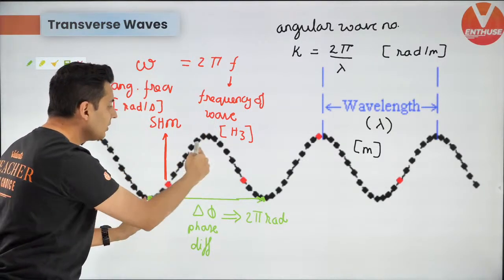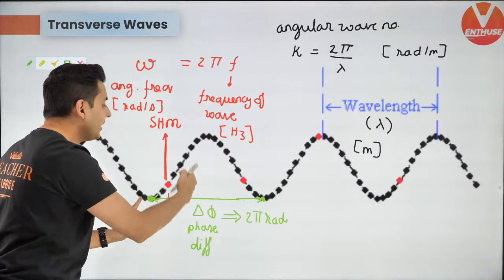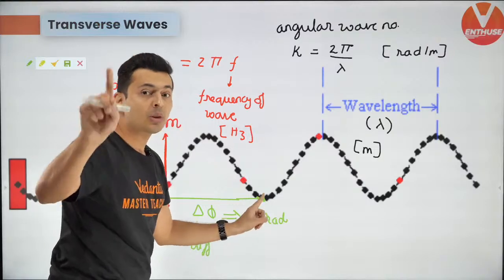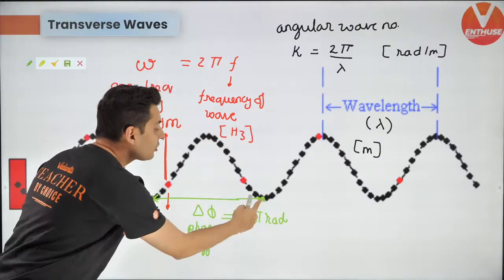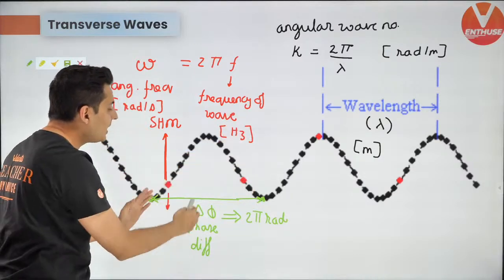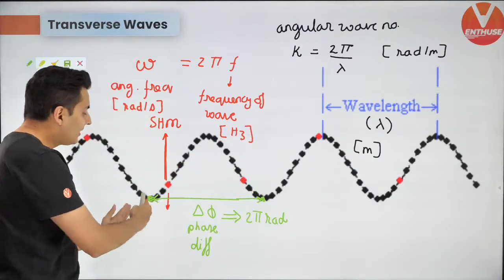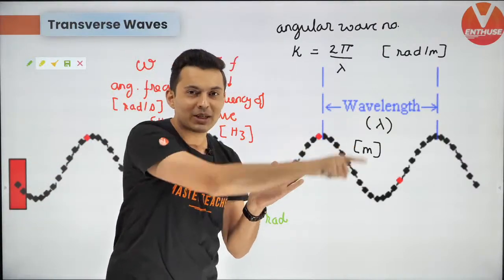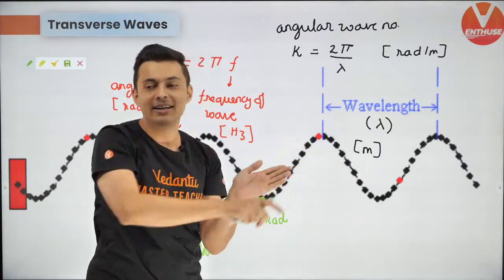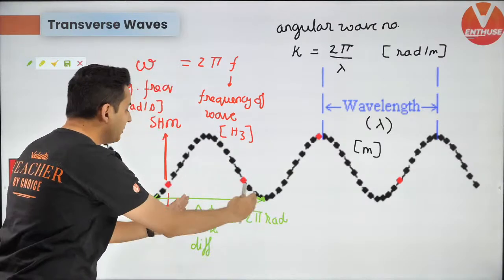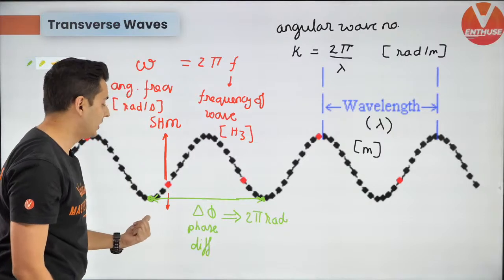As you keep going to the next and next particle, the phase difference keeps changing, and the first time you will find a particle which is doing exactly the same thing as this particle, in sync, that's why I'm saying the phase difference is 2 pi radians. Basically, you have come back to an identical point. I hope this is clear. So that's the meaning of the phase difference between 2 points.